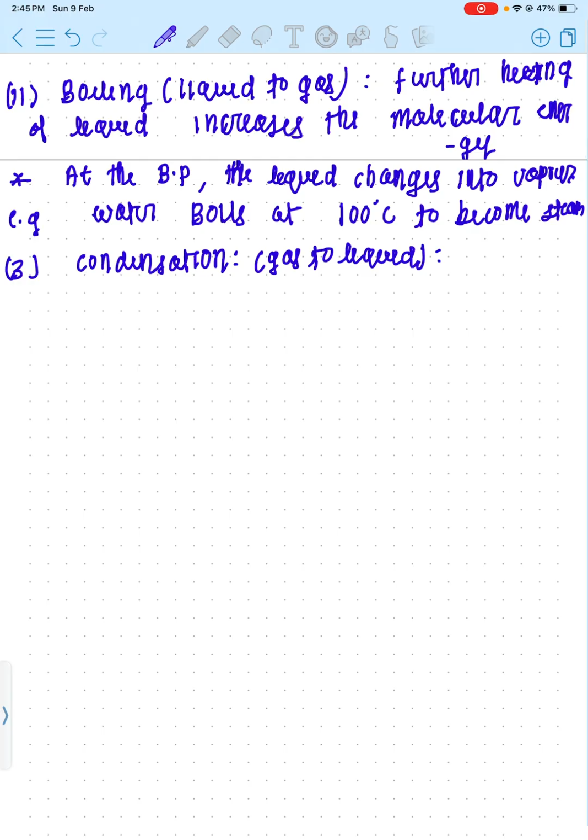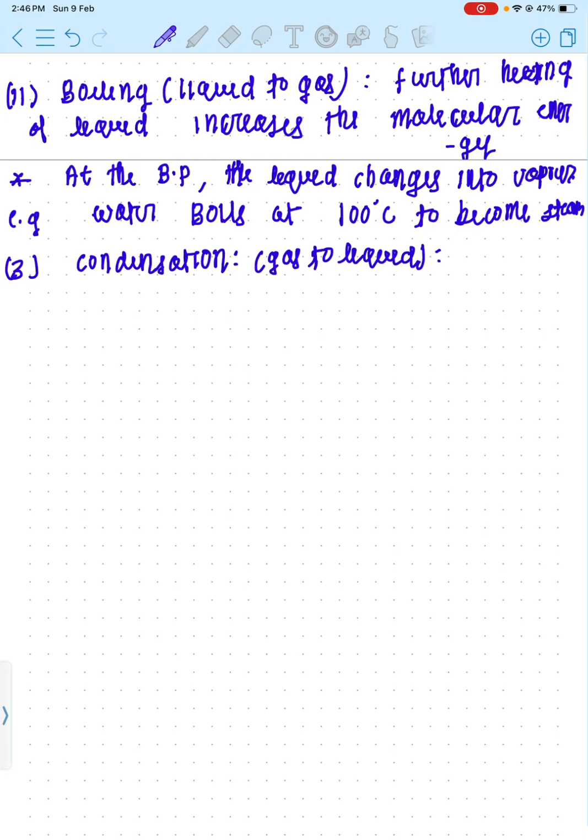But here we are going from the gas to liquid, so you don't need to gain the energy to break the bond. What happens when gas molecules lose the energy? They slow down and turn into the liquid, right?